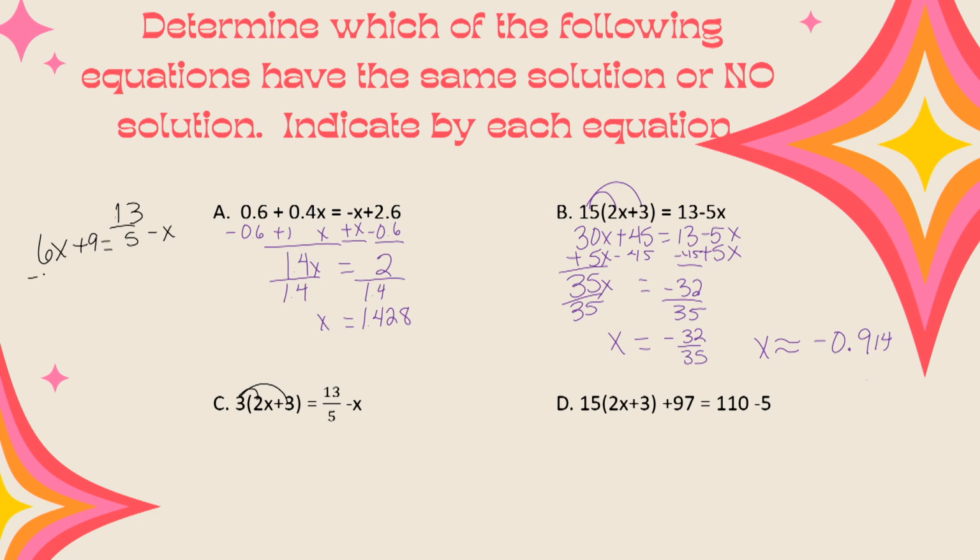So I'm going to subtract 6x on both sides and get a negative 7x. Now, I have a positive 13 over 5, so I'm going to have to subtract that 13 over 5 on both sides. So I'm going to plug that into my calculator.